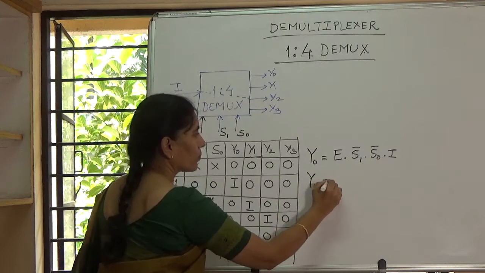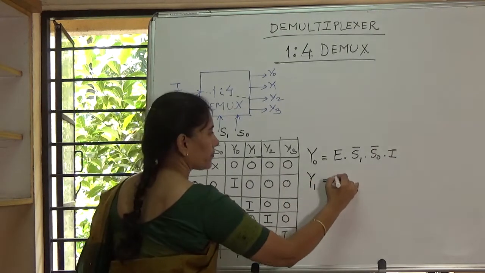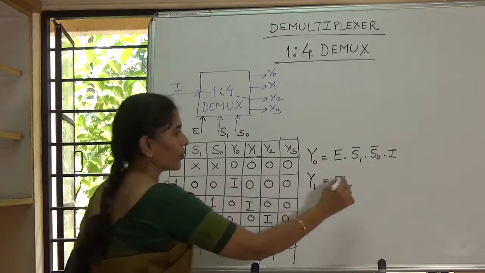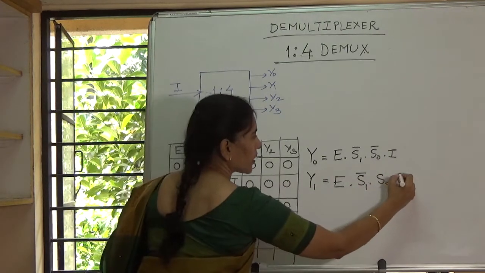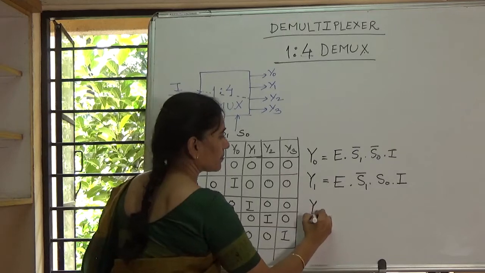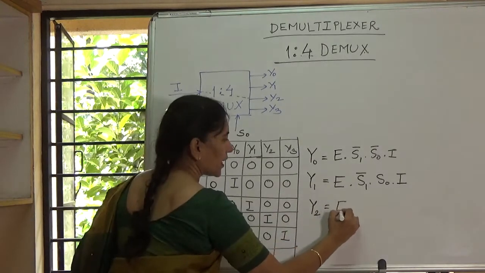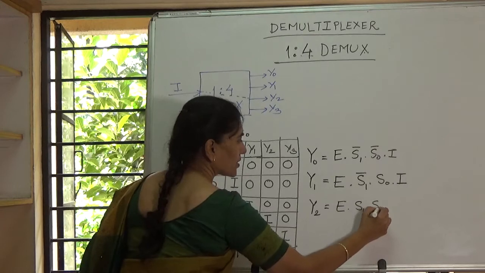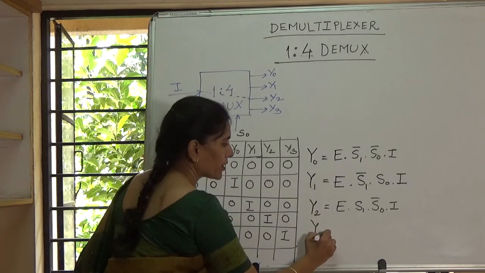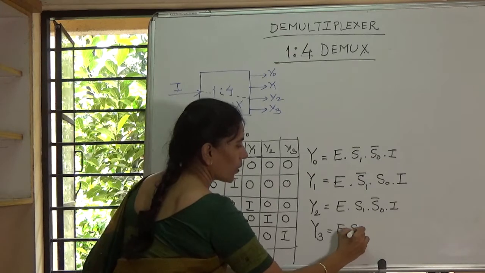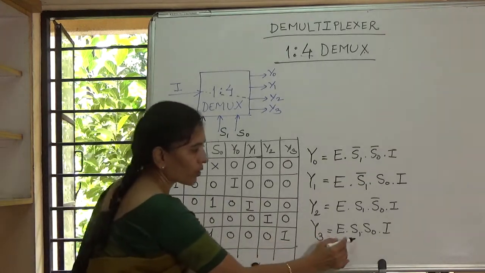Y1 is I for this particular combination, which can be written as E dot, S1 is a 0, so S1 bar dot S0, because S0 is a 1, dot I. Similarly, Y2 is equal to I for this combination, which is E dot S1 dot S0 bar dot I. And finally, Y3 can be written as E dot S1 dot S0 dot I. The reason is both S0 and S1 are 1, 1.